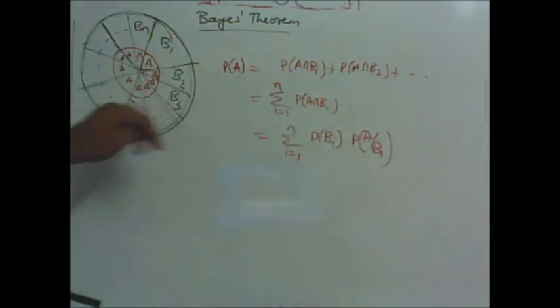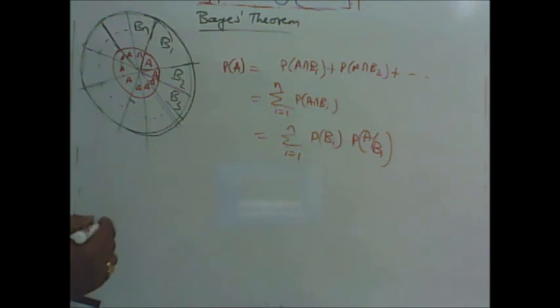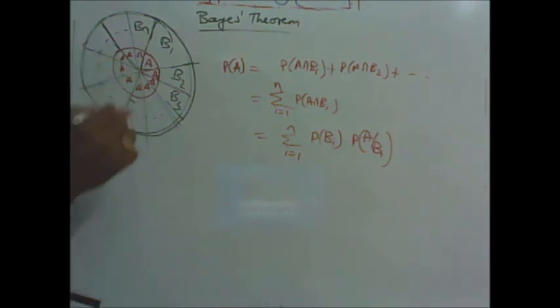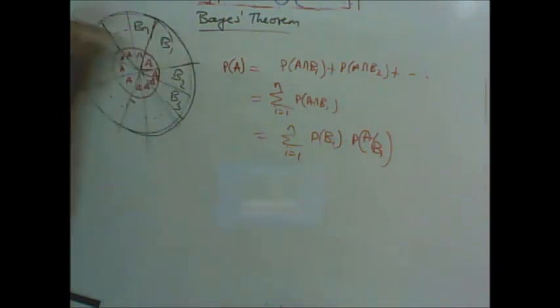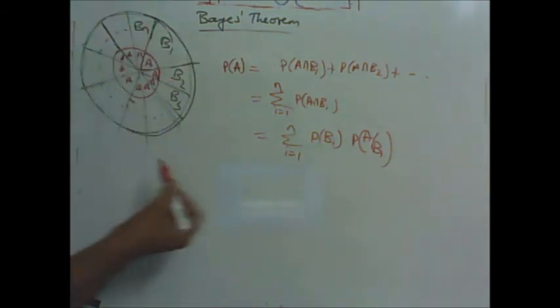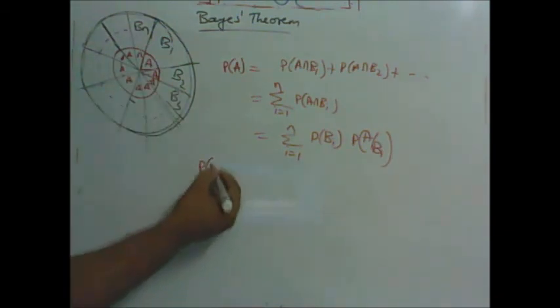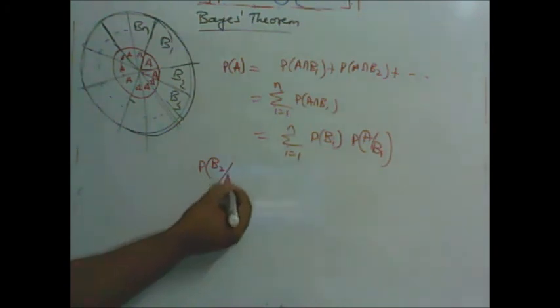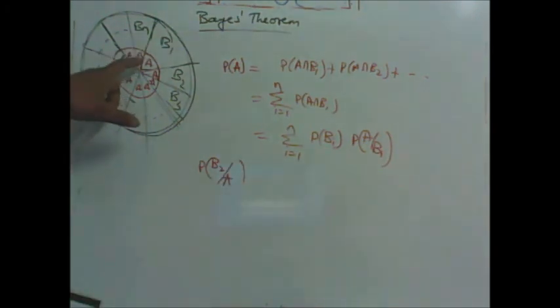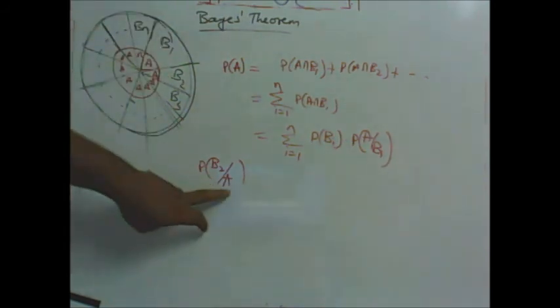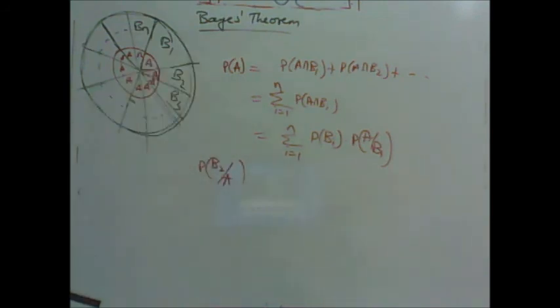So for each B1, B2, B3, when we add them with sigma, we get the total probability of A. Now the question is: given that I want A to happen from a particular i, say 2, where I want A to happen from B2 only, not from others, then that probability is P of B2 given A. I mean, A must happen, but it is from B2 only.